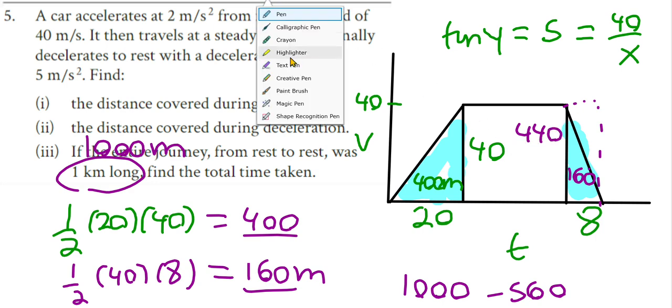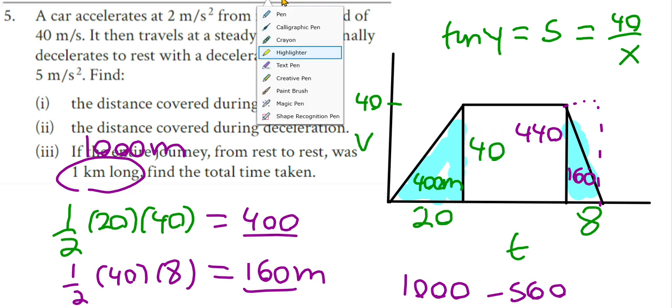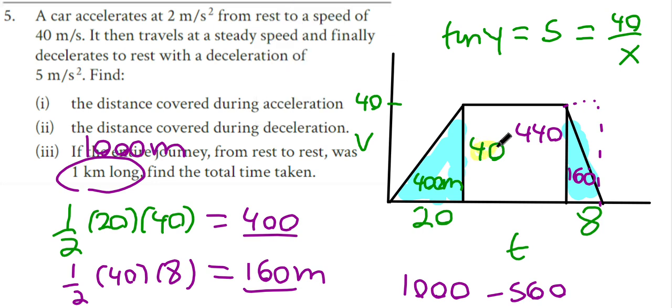Now here's the deal. There's 40 and there's t. Everybody see that? 40 multiplied by t is 440. What do you think t has to be? t has to be 11.